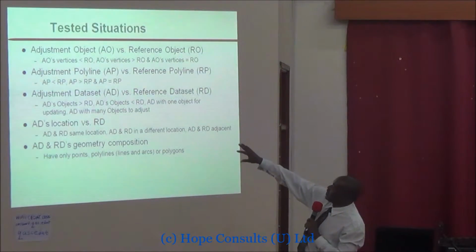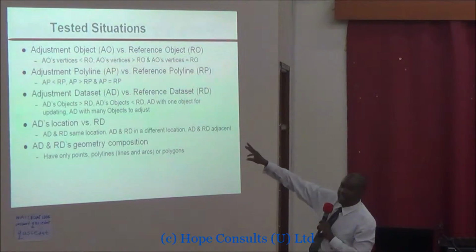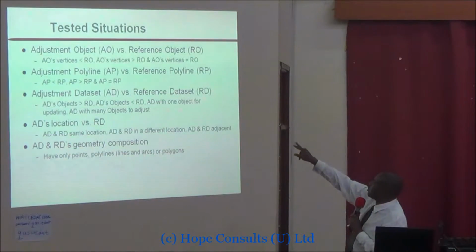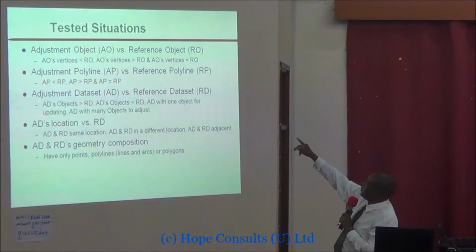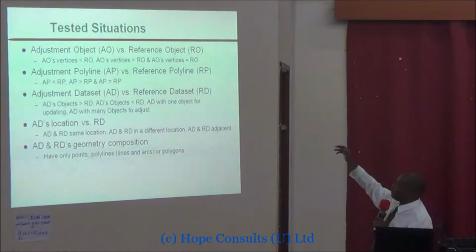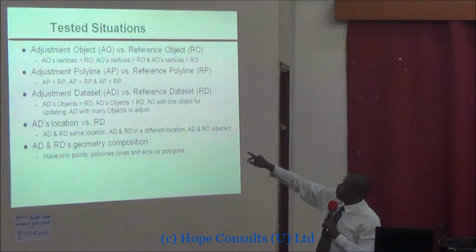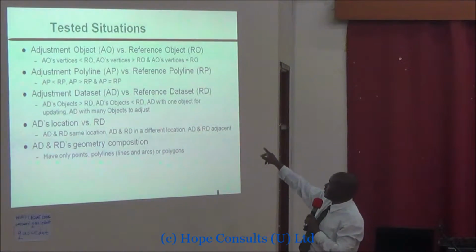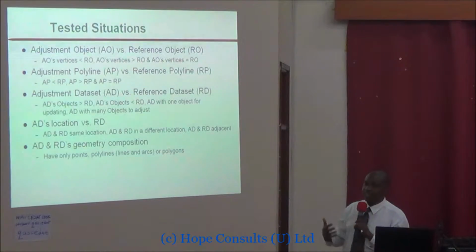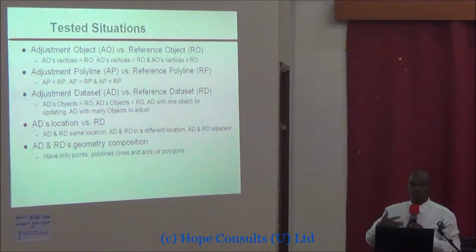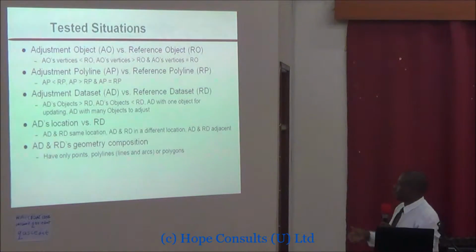We tested adjustments where the adjustment data set had fewer vertices compared to the reference data set, and at the end of the day we got a result equal to the reference data set. Then we looked at only considering the polylines. We also adjusted data sets which were in different locations to see whether the algorithm can move it and adjust the polygons accordingly to a new location.